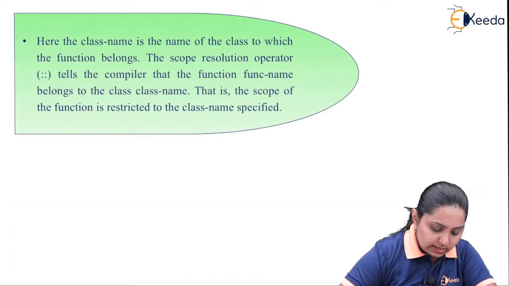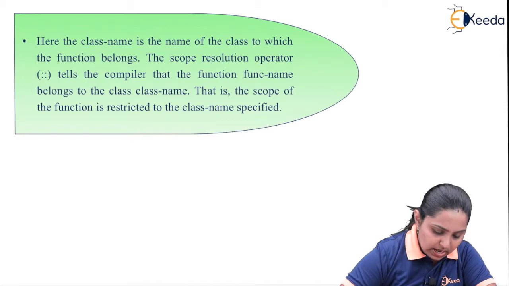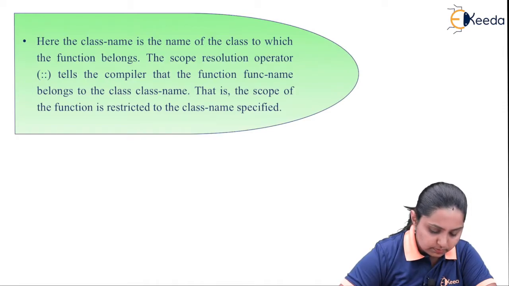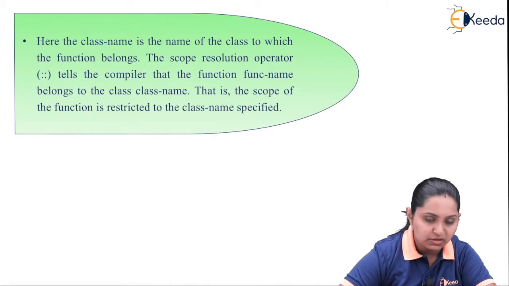here the class name is the name of the class to which the function belongs. The scope resolution operator tells the compiler that the function FNC name belongs to the class name. That is, the scope of the function is restricted to the class name specified.